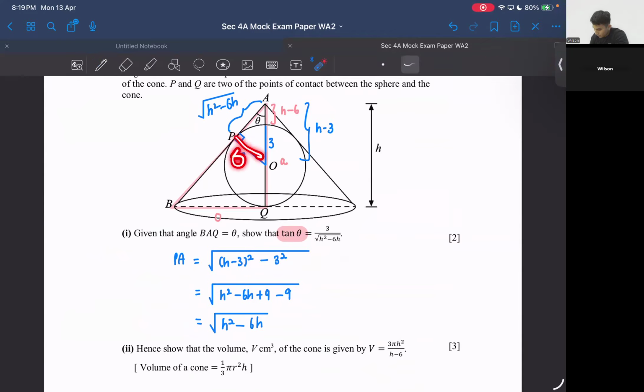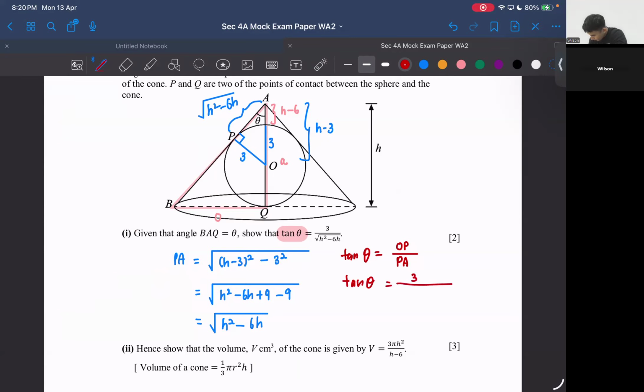This is my opposite, this is my adjacent over here. So let me just write out: tangent theta is equal to OP over PA. So tangent theta is equal to 3 divided by the expression which you have just found, square root of H squared minus 6H. Now, this is the only difficult part for this question.